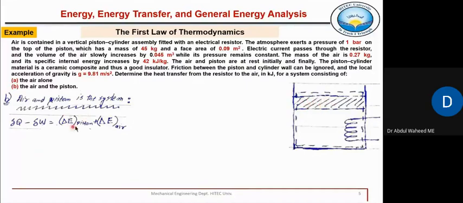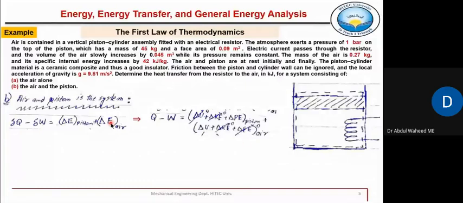So that's why in the case of the piston, it will be only delta PE, the change in potential energy of the piston. And in the case of air, it is mainly delta U, the change in internal energy of the air. So this equation is written here in detailed form. Delta U of piston and delta KE of piston are neglected, so it is only delta PE of piston.